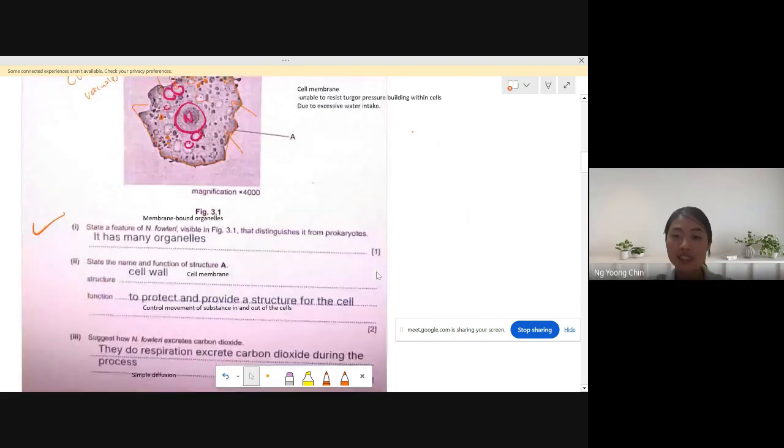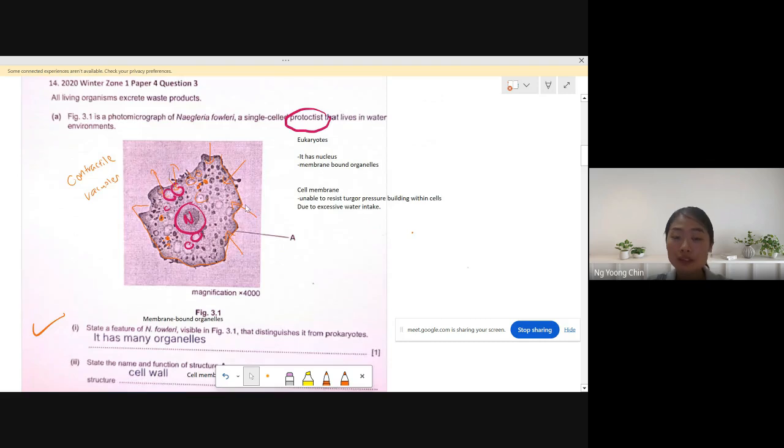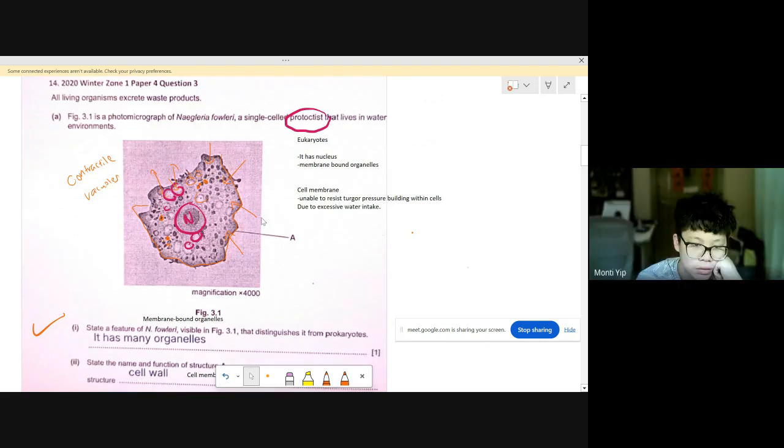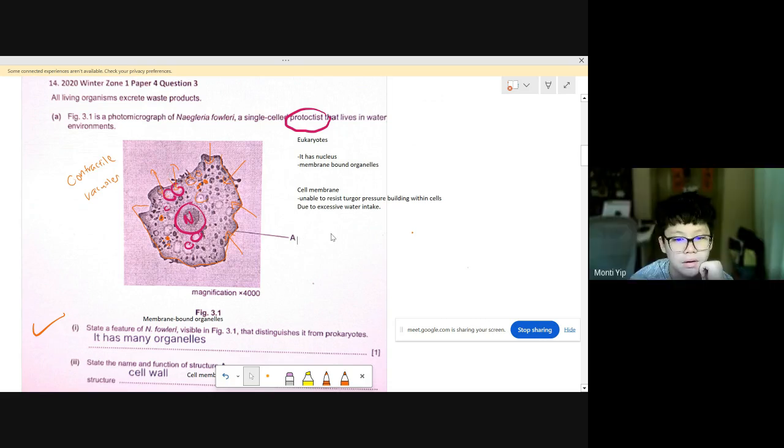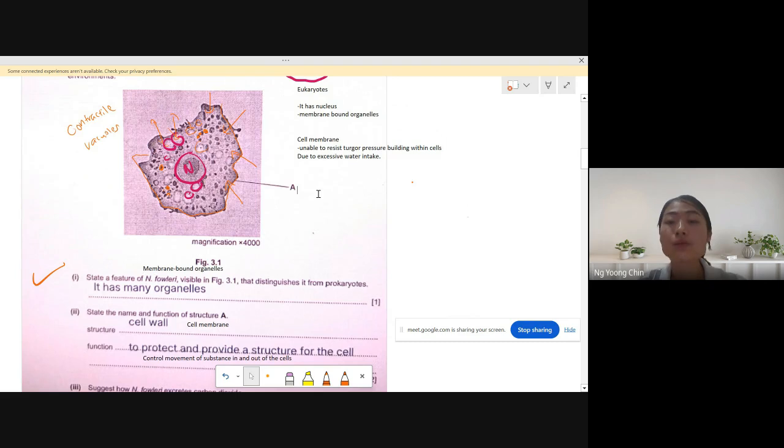So you can see they don't have a cell wall, right? They need the help of the contractile vacuole. Some cells do have a cell wall. A cell wall is a very hard and rigid structure. Just imagine a cell wall is just like a wall. When you touch a wall, it's very hard and very strong, right? So the cell wall can resist the pressure.